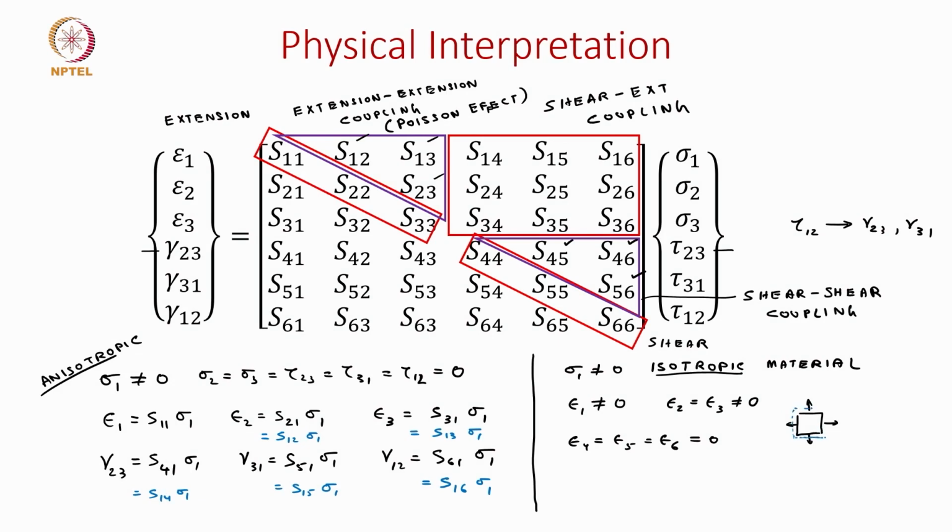Since here I am applying stretching stresses, the body will stretch, but it will not distort, meaning that there are no shear strains for an isotropic material. But for an anisotropic material, we have this shear extension coupling, and even if you apply a simple normal stress, you will notice both normal strain as well as shear strain.